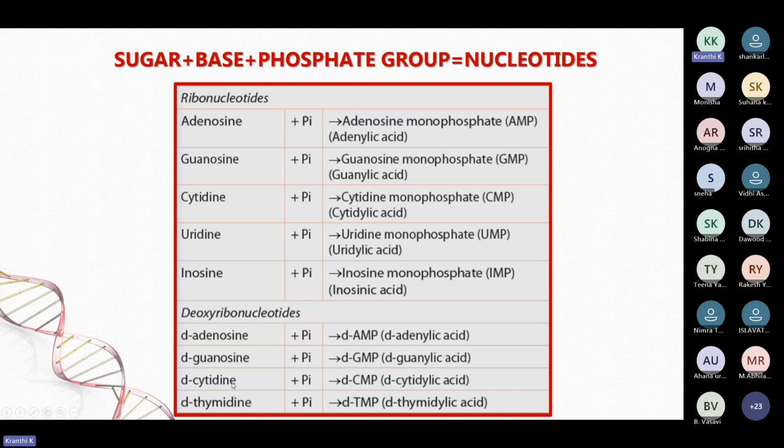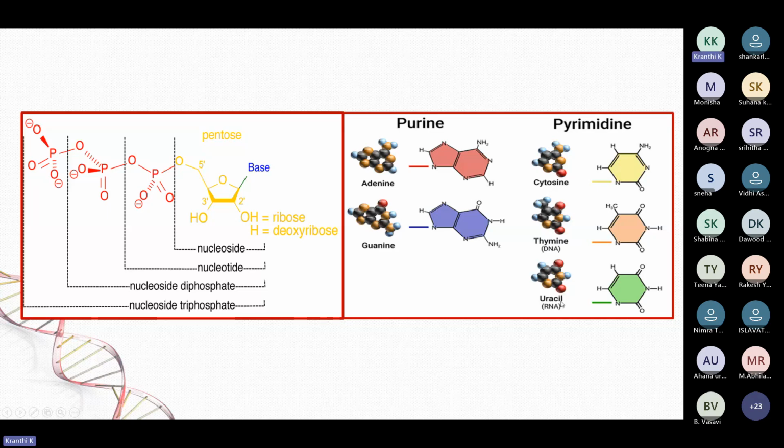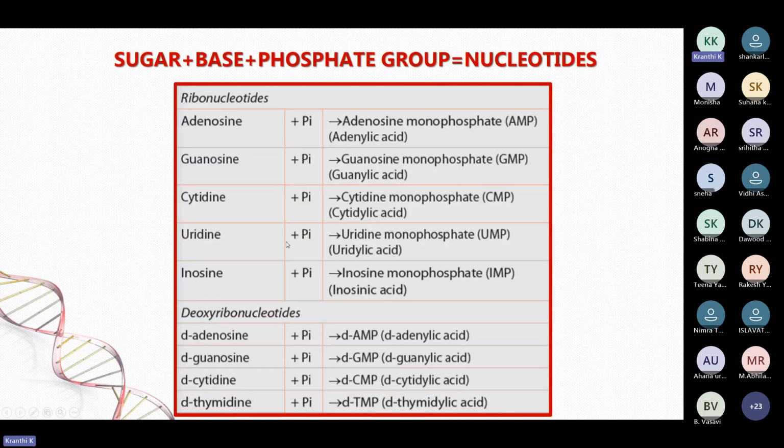Here you can see, because these are in the RNA and these are in the DNA, right? So what do you mean by uridine? Uracil plus sugar. That is the uridine, plus phosphate you are adding, so uridine monophosphate. Clear?